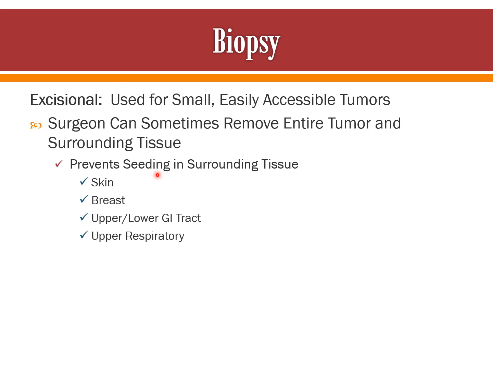We don't want a bigger crop of cancer cells, right? So that's why we're cutting them out so that they're not metastasizing, essentially. We can do this for different types of cancers, and we want to prevent seeding into surrounding tissue, like your skin, your breast, your upper lower GI, or upper respiratory. So we don't want that to happen.